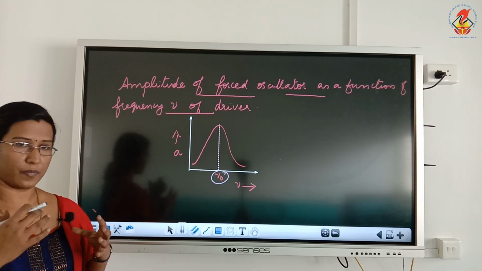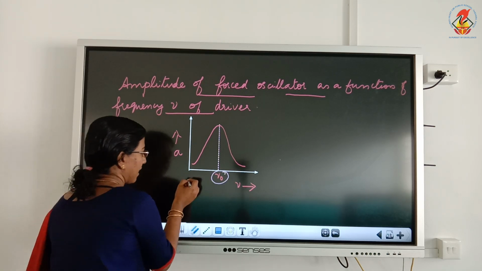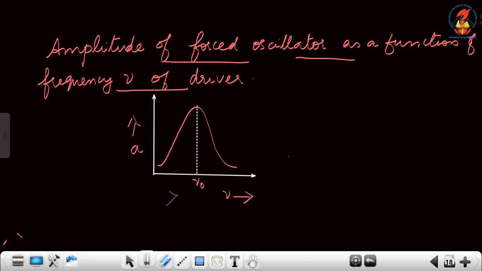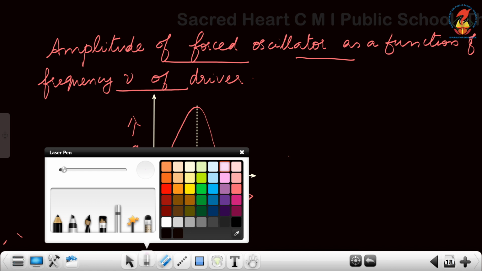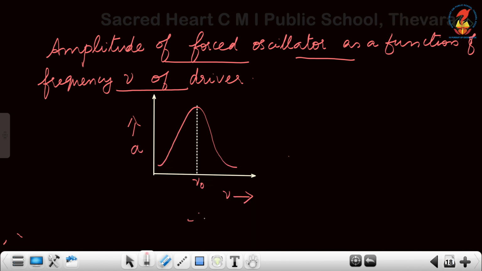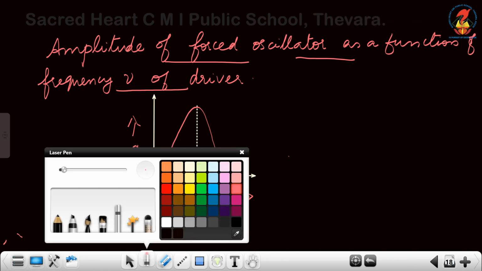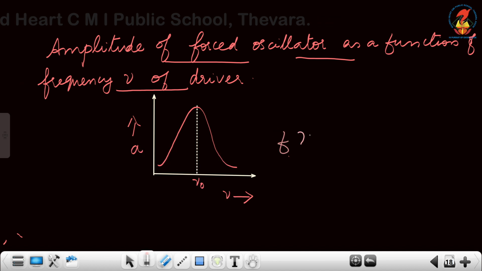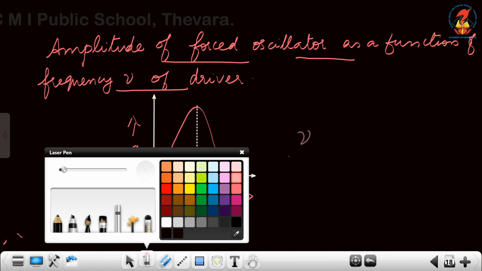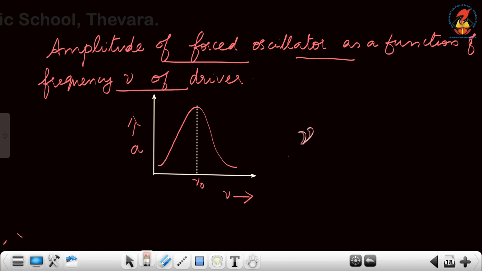Now as the frequency of the external driver increases, the amplitude of vibration also increases. It reaches a maximum value when the frequency of the external driver is equal to the natural frequency of the object which is oscillating.